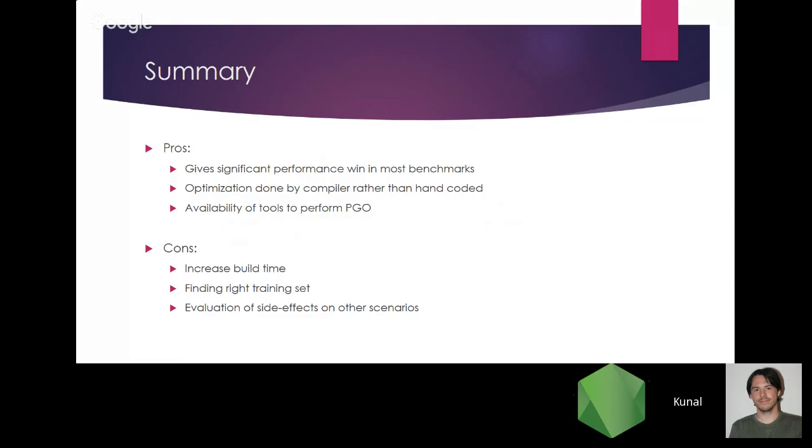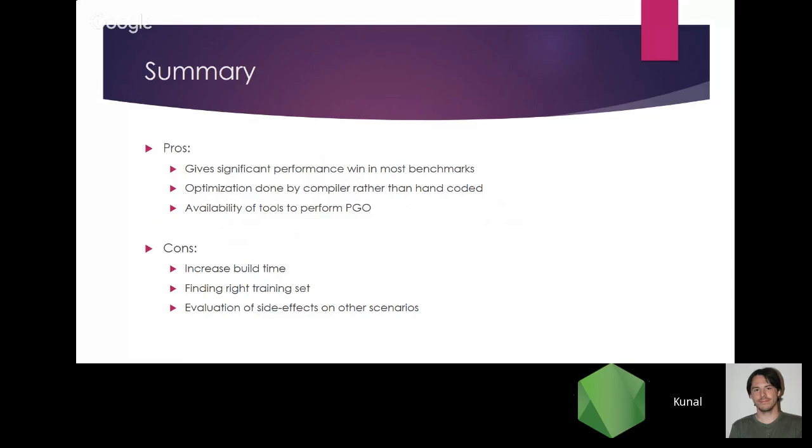The optimization is done by the compiler, there is no hand coding. It's just out of the box. And there are tools available for doing PGO. I tried on Windows, and folks from Intel tried this on Ubuntu and shared the instructions. So I believe it is available for every platform.